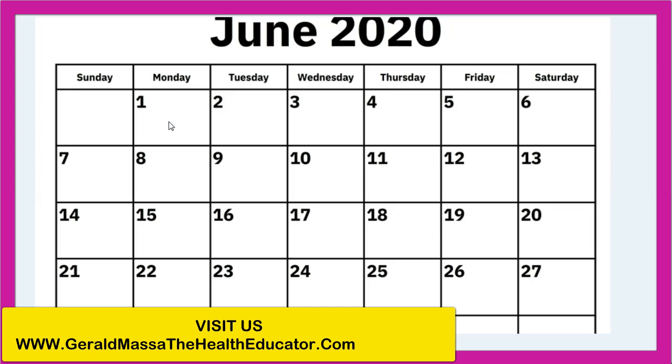Assuming your first day of your period is on the first, which is Monday, and then you see your periods again on the second, on the third, that is Wednesday, and also on the fourth. We want to use this method to identify the days you are going to ovulate.